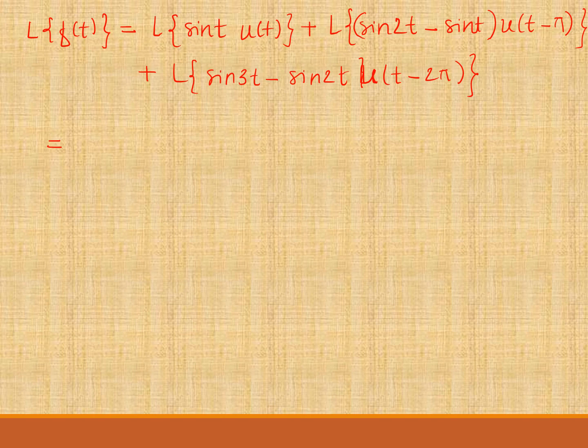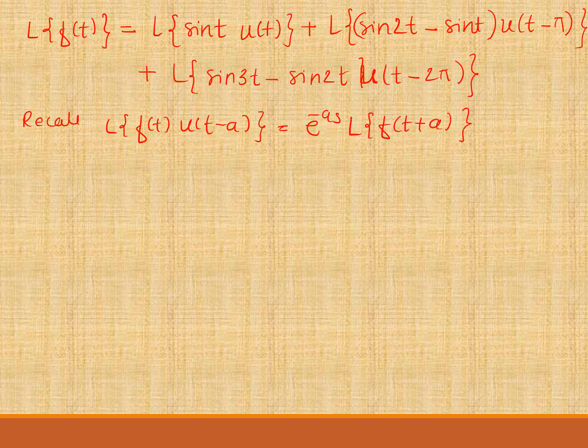So for this we need to recall Laplace of f of t into u of t minus a is e raised to power minus as into Laplace of f of t plus a.